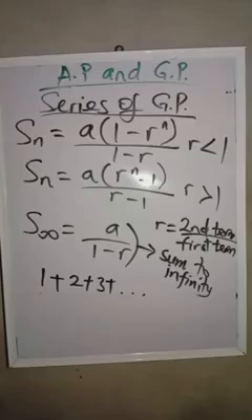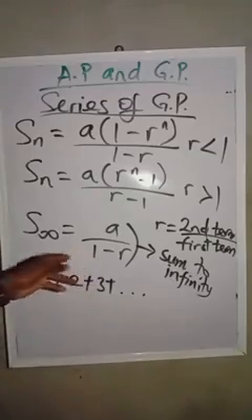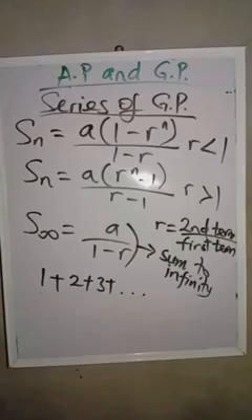That's the meaning of sum to infinity. Make use of this formula and get the sum to infinity. That is, when you add it, as it is proceeding to infinity, what is the approximate value that the solution can be, and that's what we have as sum to infinity.